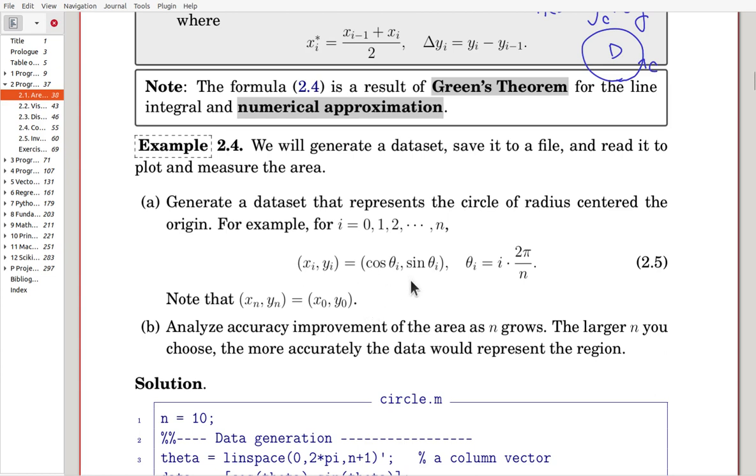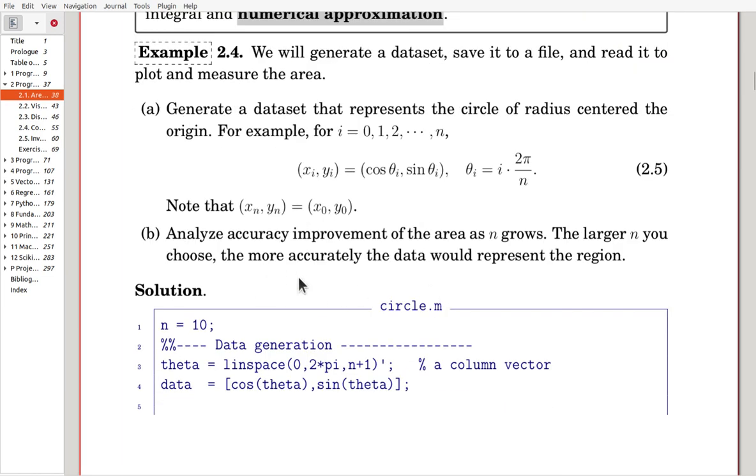Then we can make xi, yi as cosine theta i and sine theta i, where theta i is i times 2 pi over n. Then the first point and last point must be the same, so it is representing the circle and is locally linear.